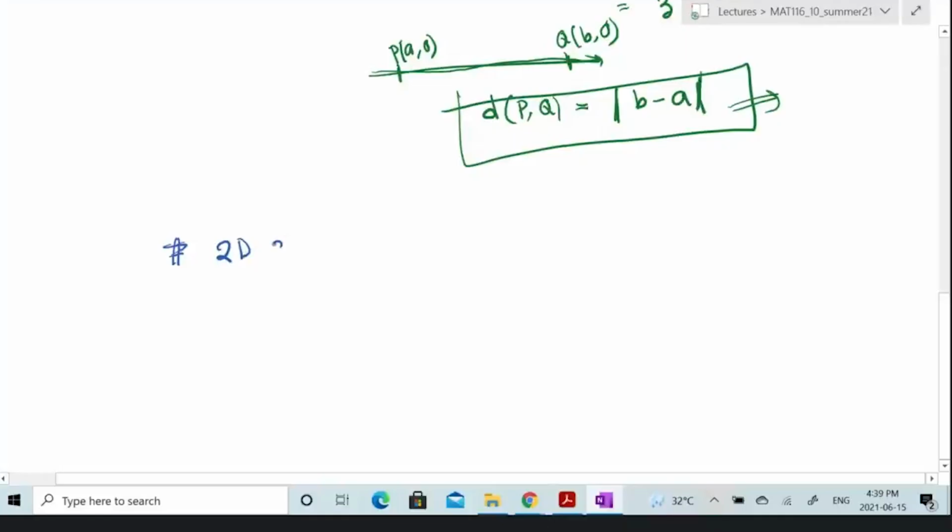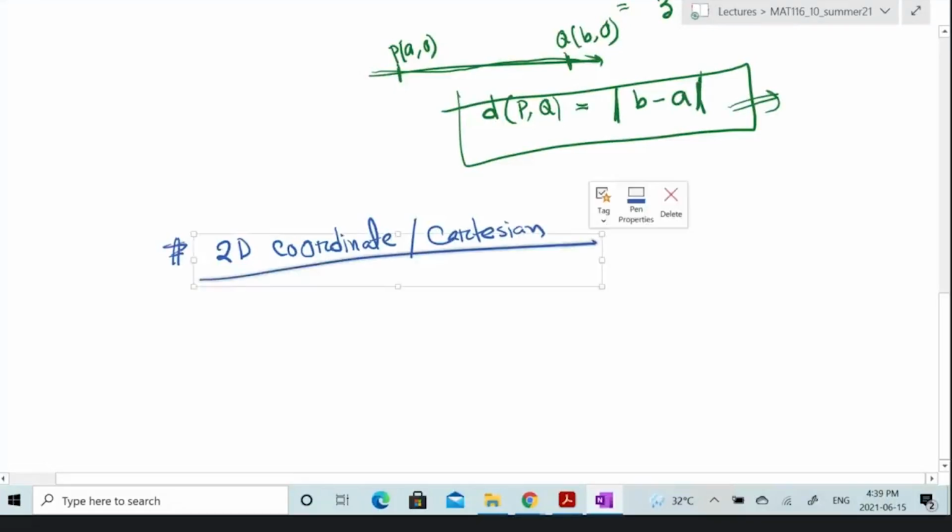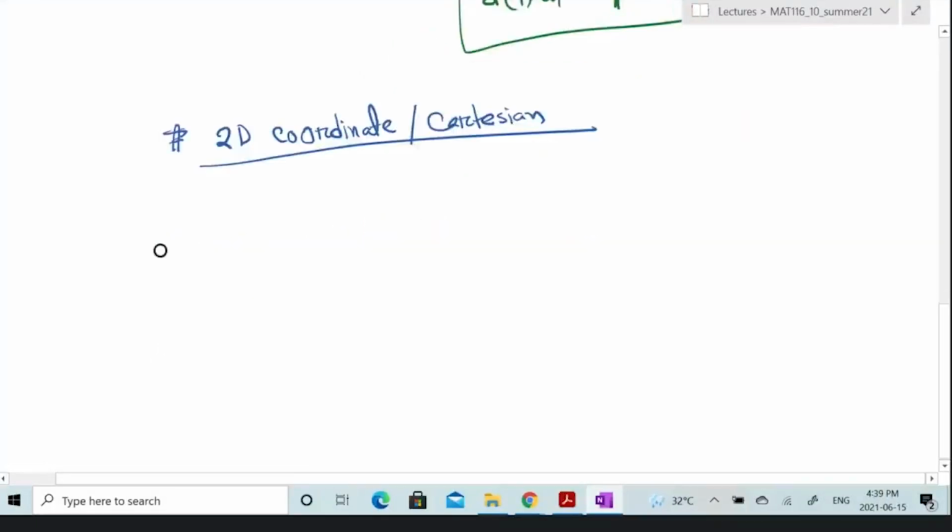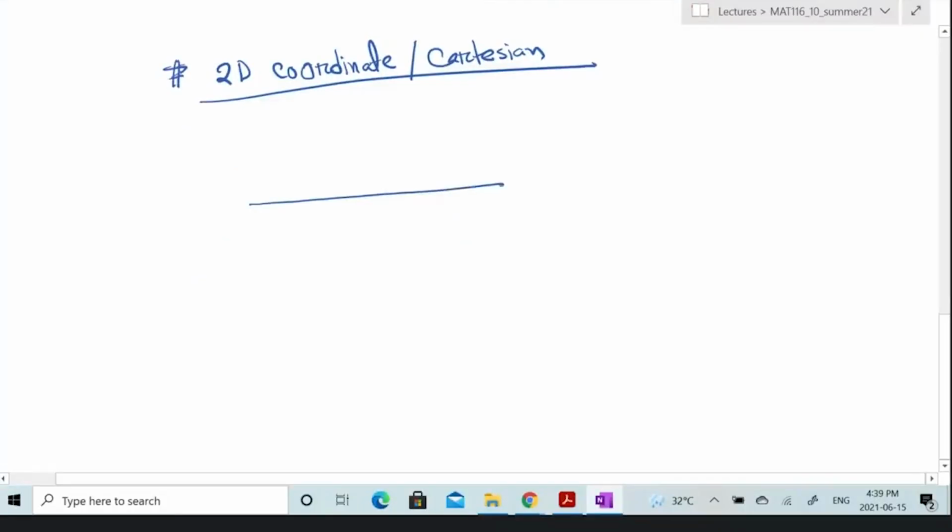So the 2D coordinate system is also called the Cartesian coordinate system. I give you two real number lines, x and y, with 0, 2, -2.